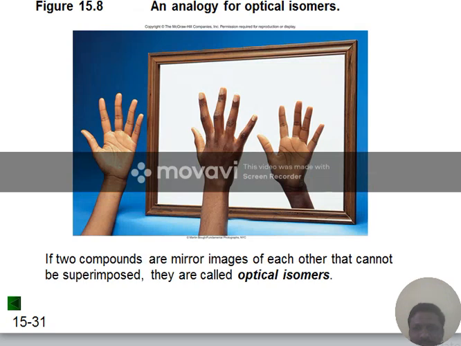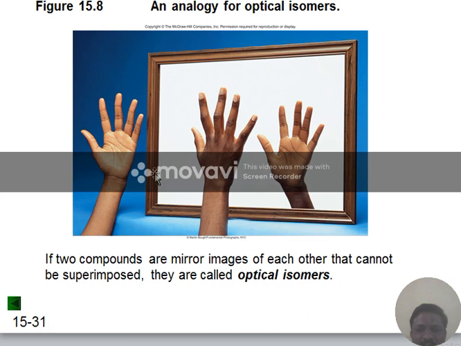Observe this, an analogy of optical isomers. If two compounds are mirror images of each other that cannot be superimposed, they are called optical isomers.